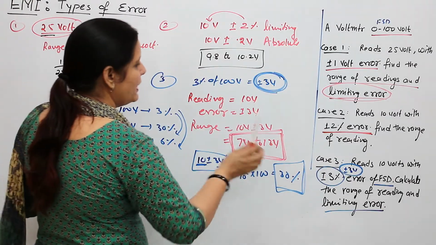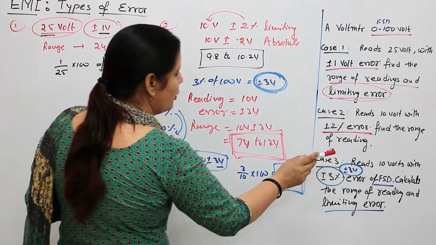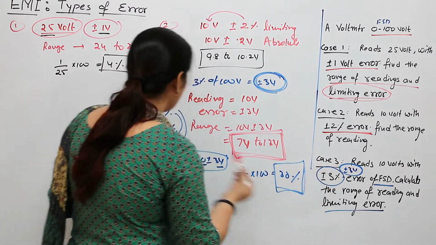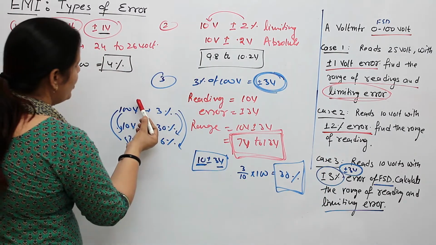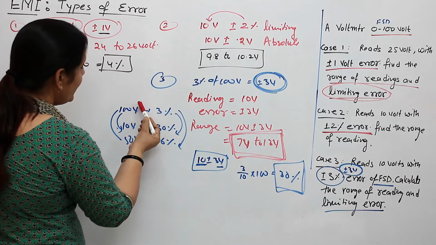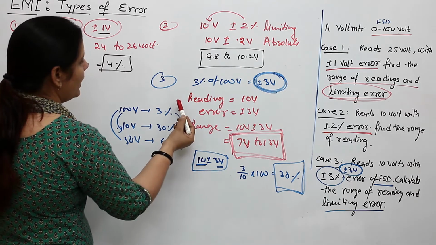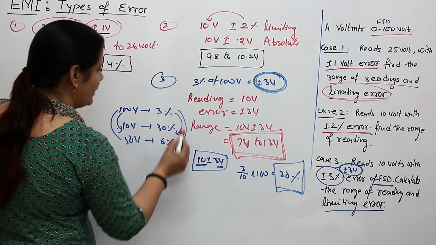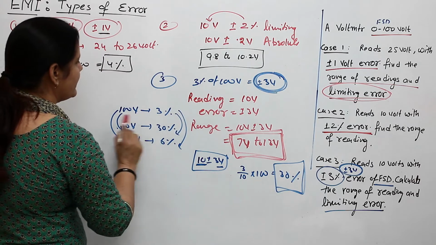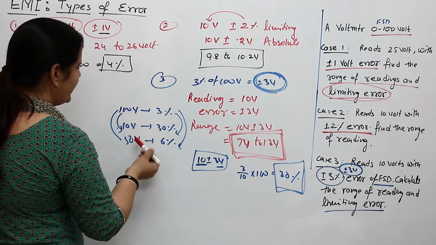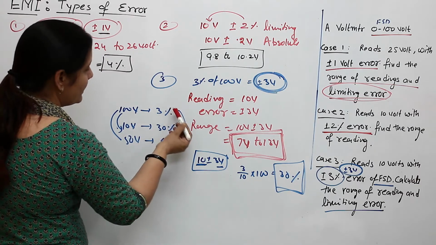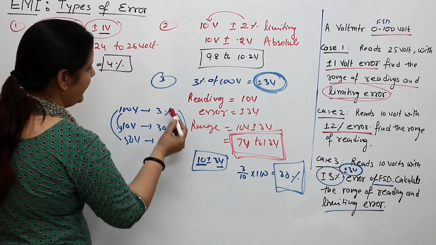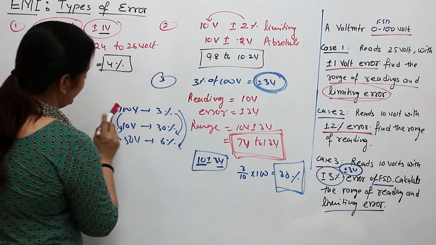In case of FSD, you can conclude that it has the lowest error at the maximum reading, and as you move toward the lower reading, your limiting error at the present value or true value will increase, and simply there is a relation: by how many times you have decreased the reading, the same multiplication factor will be applied to the limiting error.